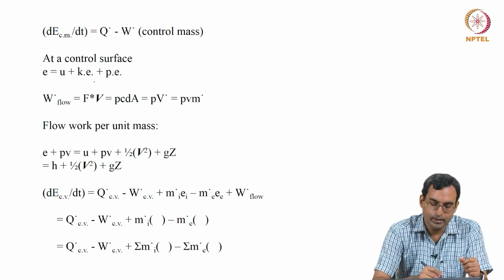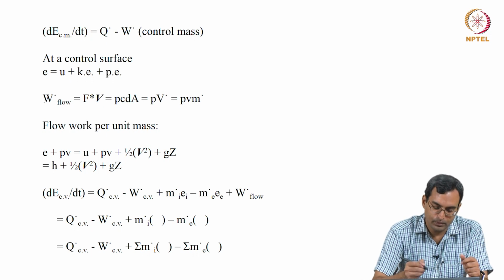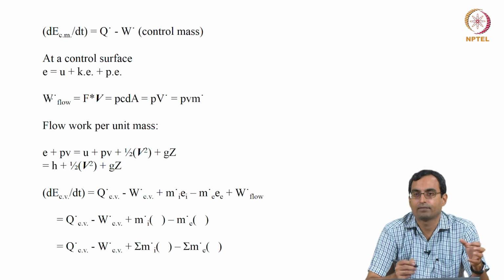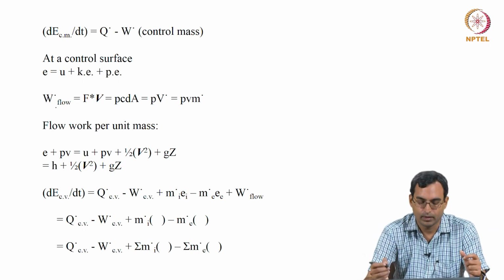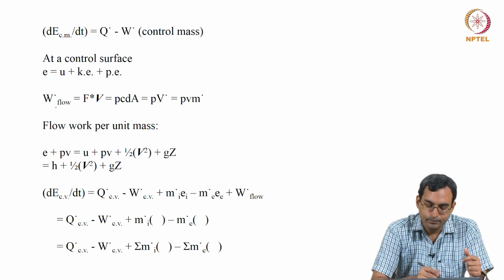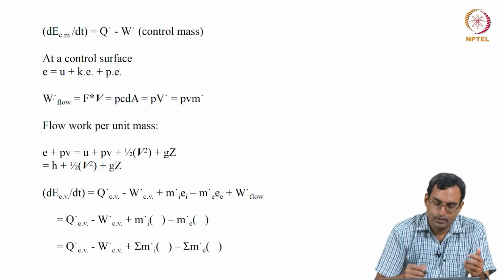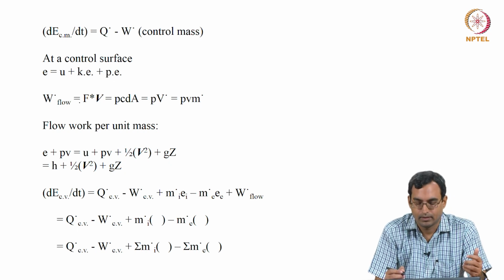Now, for pushing the liquid into this control volume, the work which we do is what we call the flow work. The work which you have to do in order to make sure that the liquid goes into the control volume is what we call the flow work. So, the rate of flow work would be essentially the power. The power would be essentially the velocity times the force.